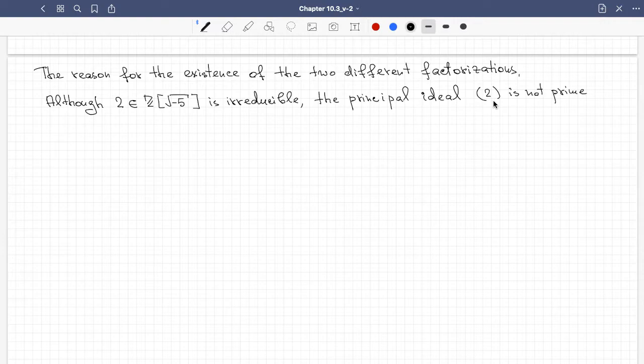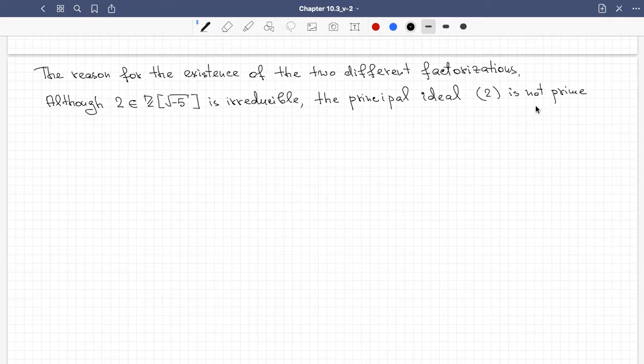Up to this point, that was not a distinction because things coincided. And that was one of the reasons we were able to prove the uniqueness clause in the fundamental theorem. Now, these turn out to be two different things. The element is irreducible, but the ideal is not prime.